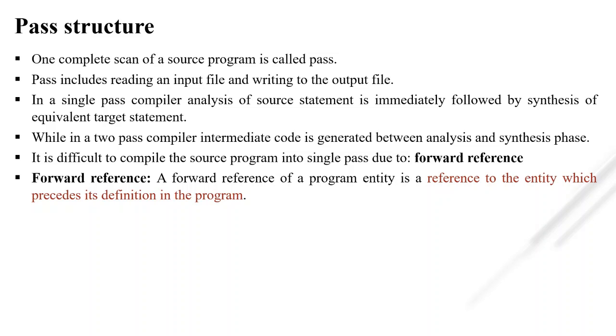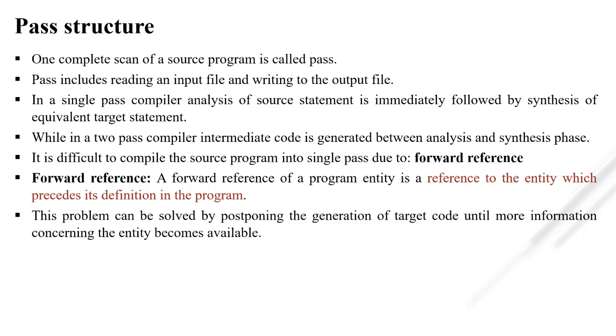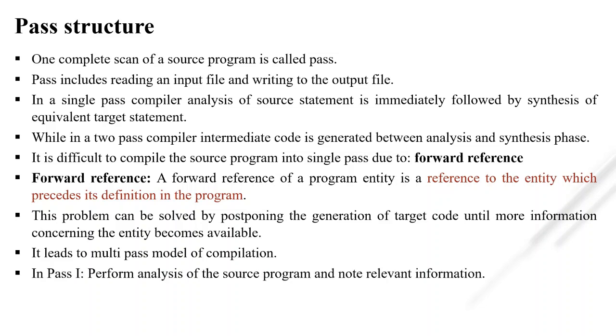This problem can be solved by postponing the generation of target code until more information concerning the entity becomes available. So the solution leads to the multi-pass model of compilation. In pass 1, perform analysis of the source program and note relevant information. In pass 2, generate code using the information noted in pass 1.